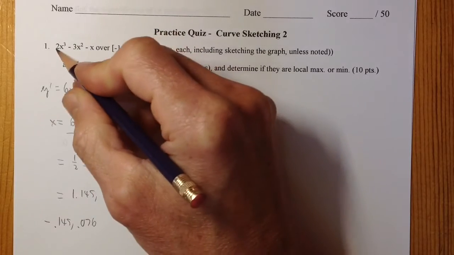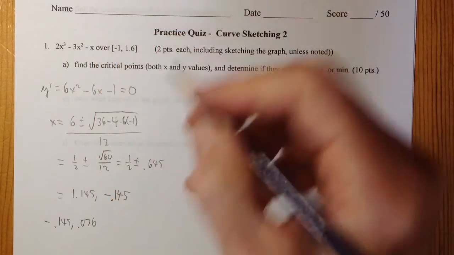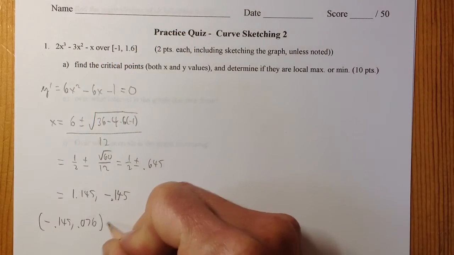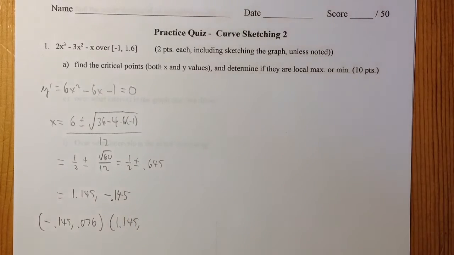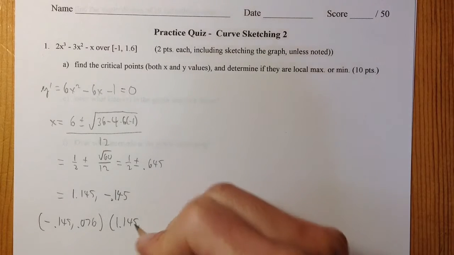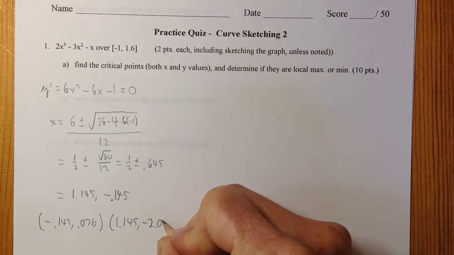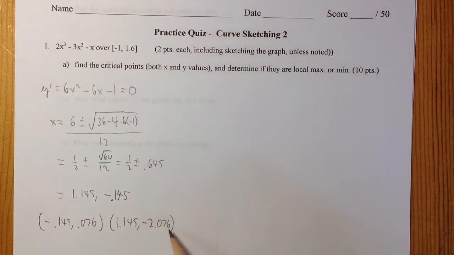Again, plugging that back into 2x cubed minus 2x squared minus x, kind of a pain. And then the other point, 1.145, plug that back in, and the y value is negative 2.076. Okay, those are two points.